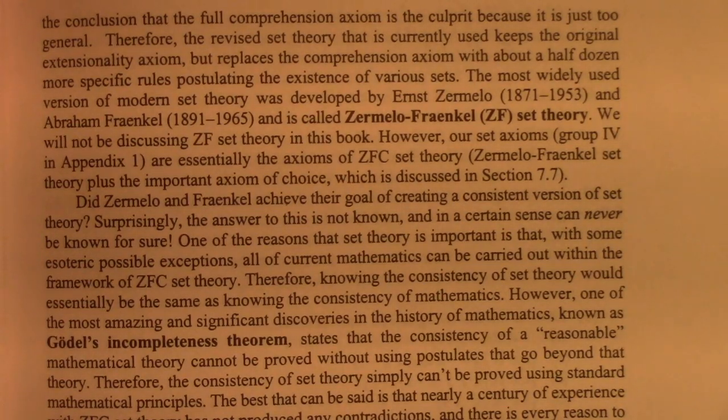He says the discovery of the paradoxes of naive set theory threw the foundations of mathematics for a loop. A mathematical theory that leads to contradictions is of no use, of course. So are other branches of mathematics consistent if they're based on this uncertain set theory? In conclusion, the comprehension axiom is actually the culprit because it's just too general.